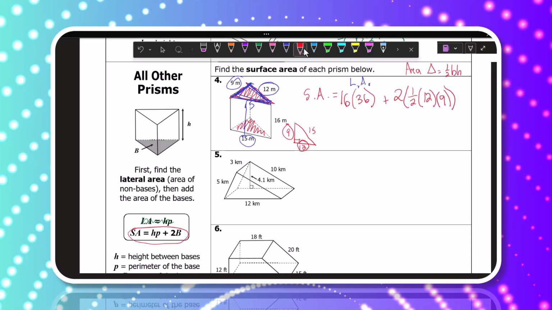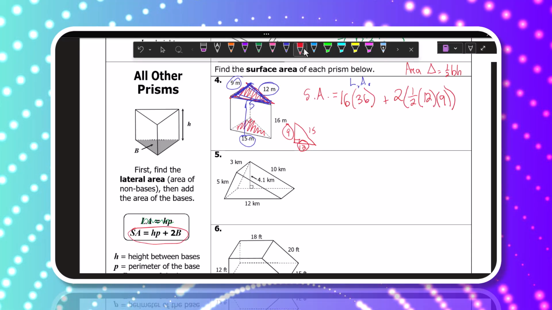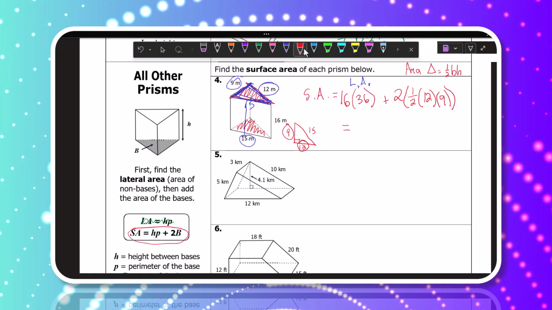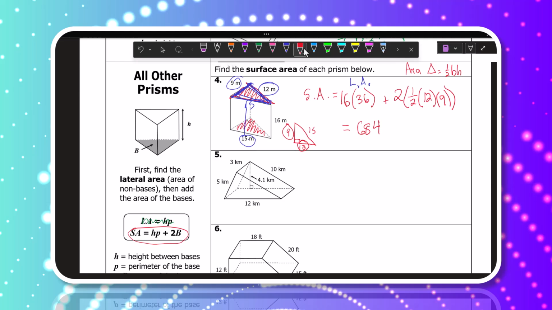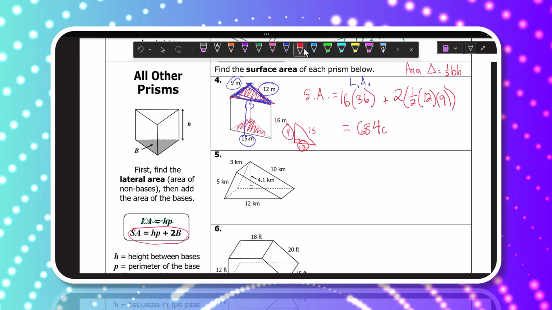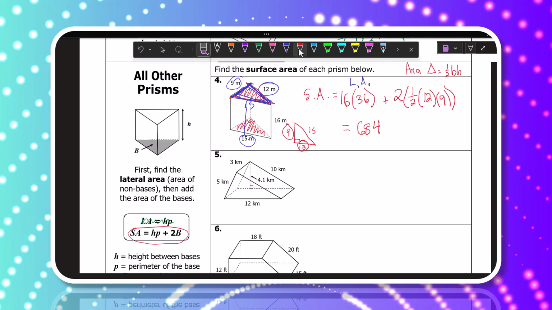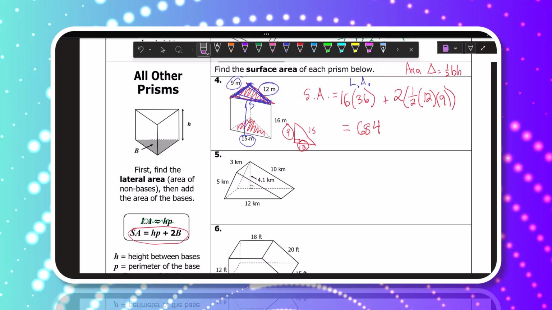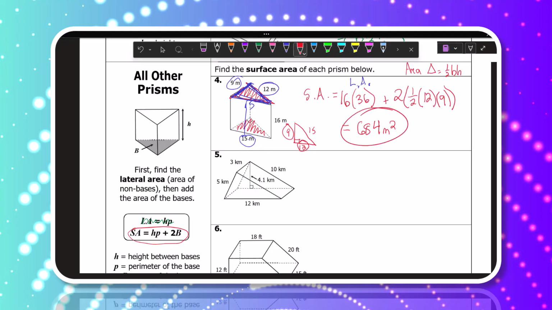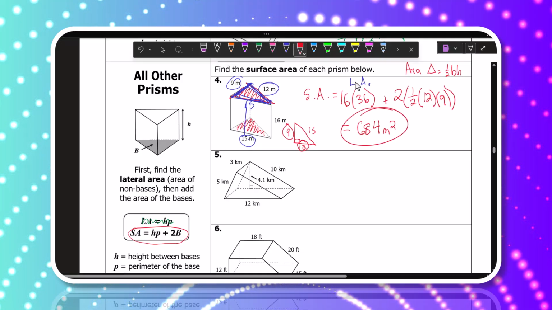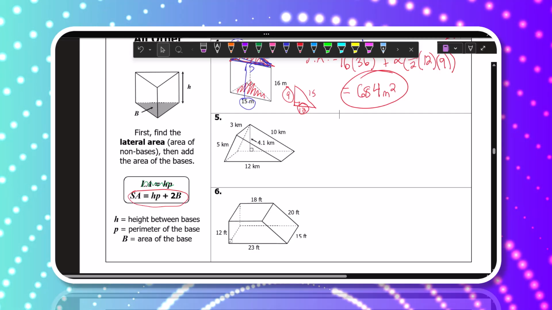So notice we have 2 times all of that, but within that we have 1/2 times 12 times 9. So again, we just throw that all in Desmos. We get 684 meters squared. All right, there we go. So it's just plugging stuff into formulas. We just gotta remember what formulas we're talking about and what those things mean.